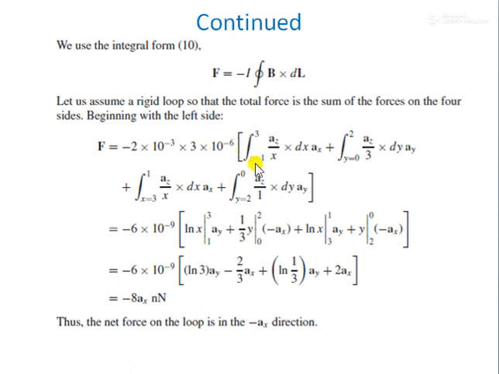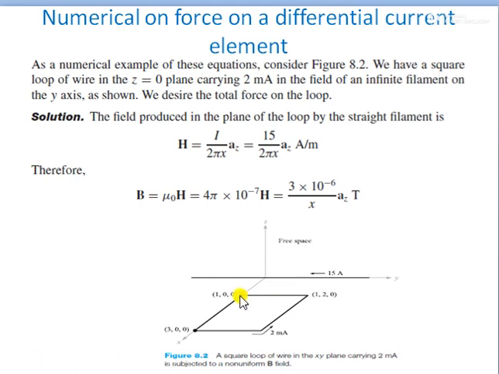Now with the value of x over the x direction, first x is equal to 1 and ending will be x is equal to 3, az by x into dx cross ax, plus y is equal to 0 to 2, one is y 0 and one more is y 2.